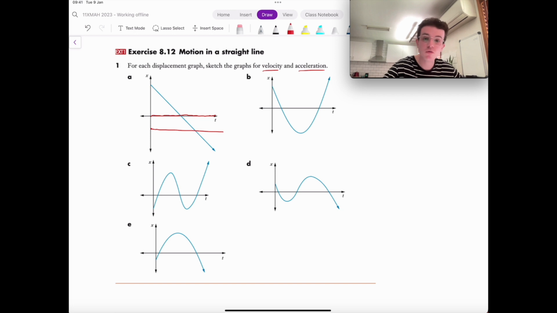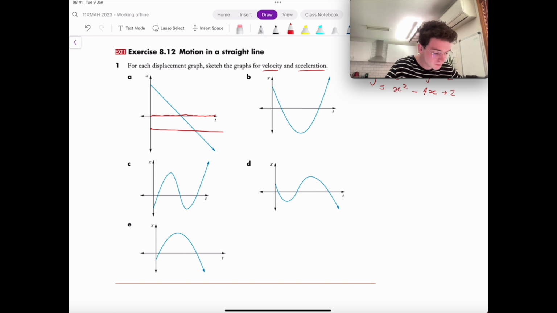Part B, we've got a parabola. Let's say it's y is equal to x minus 2 squared minus 2, which would be x squared minus 4x, and then plus 2.